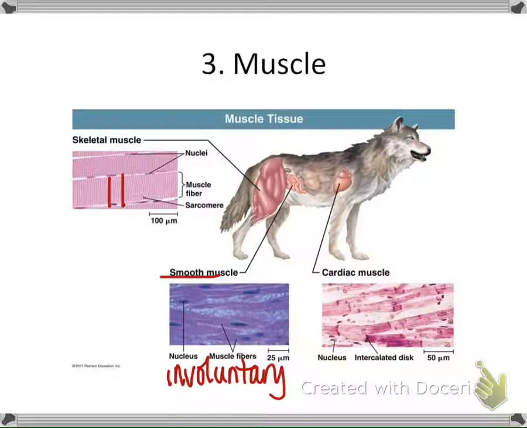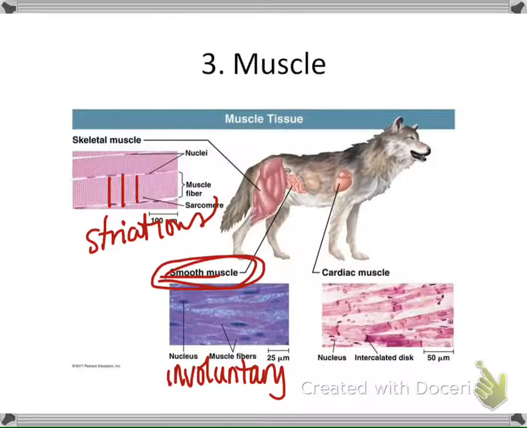These stripes here are striations. It's found in the walls of the digestive tract, urinary bladder, arteries, and other organs. It's responsible for involuntary body activities like your stomach churning and the constriction of your arteries.